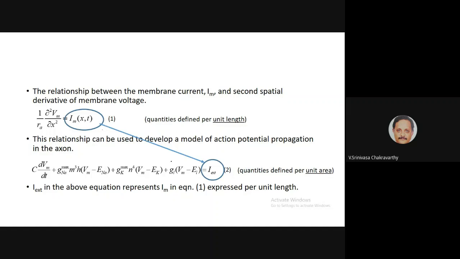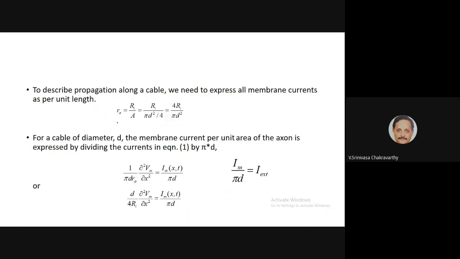We need to bring this here by making a proper transformation, expressing the current in terms of per unit area, whereas originally the current in equation 1 is represented per unit length. To describe propagation along the cable, we need to express all the membrane currents per unit length. That's what we have done before. Therefore, the small ra is given by capital Ra over A, so capital Ra over πd²/4 is equal to 4Ra over πd². We have done this before.